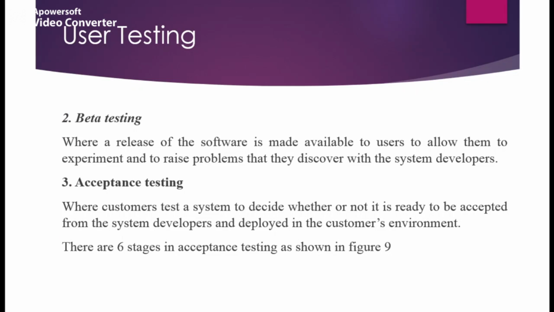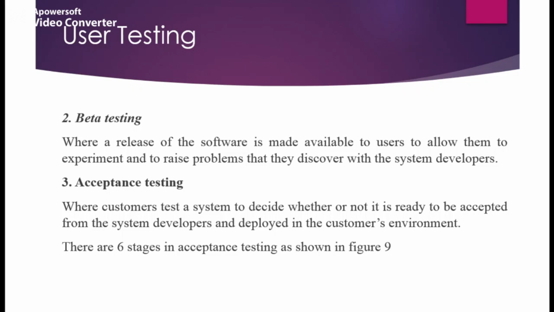Second one is beta testing. So first one we had alpha testing, second one is beta testing. So what do you mean by beta testing? Here a release of the software is made available to the users to allow them to experiment and to raise problems that they discover with the system developer.